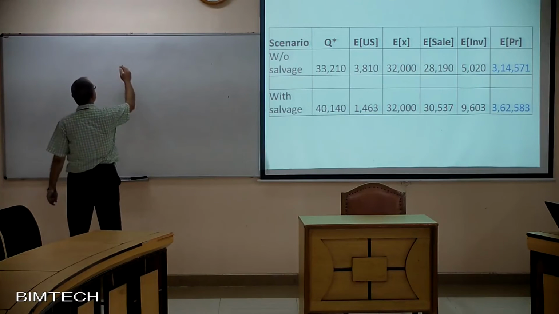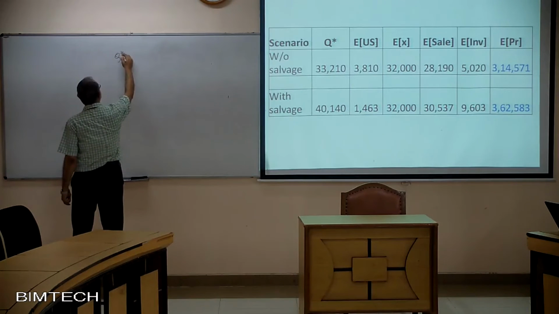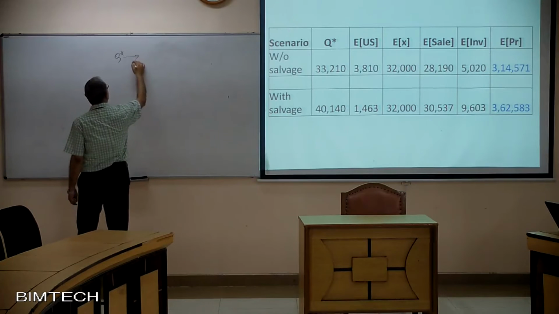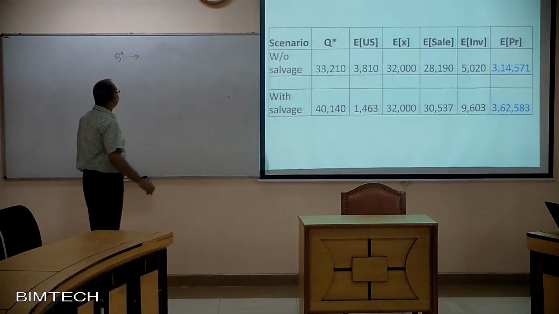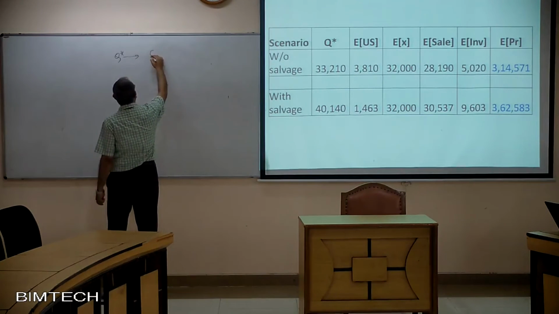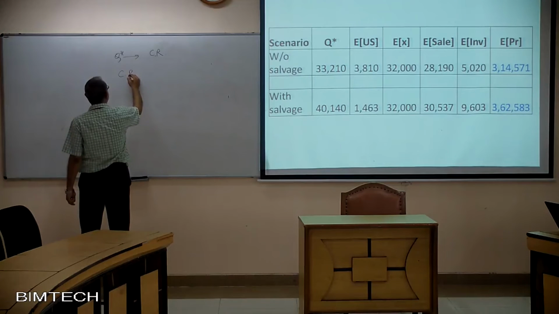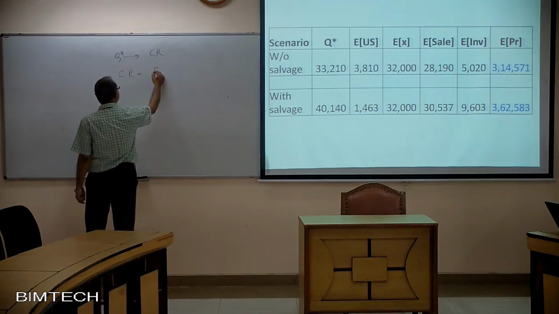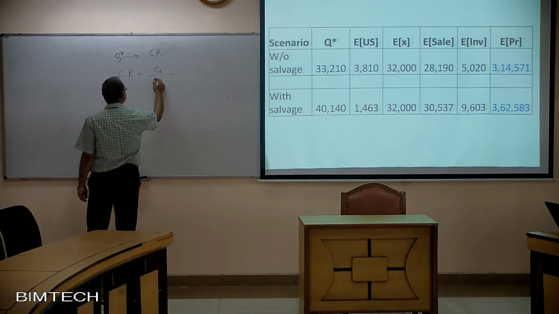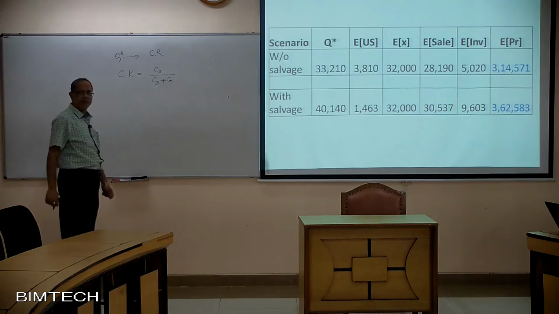The Q star value directly comes from where? It comes from my critical ratio. Okay? Now, what is the critical ratio?